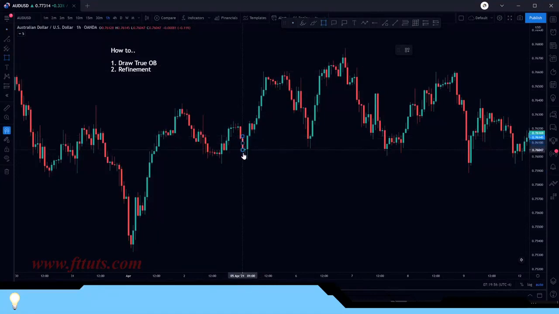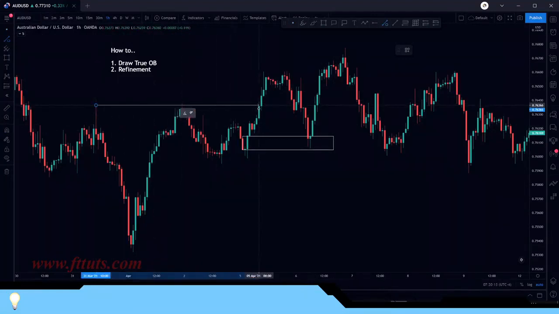In this case, because it's a bullish order block, the last sell candle before the buys, before the impulse that created imbalance or price inefficiency and extended to create a break of structure. So this is the break of structure that we have. Now, this over here, you see, is the true order block.